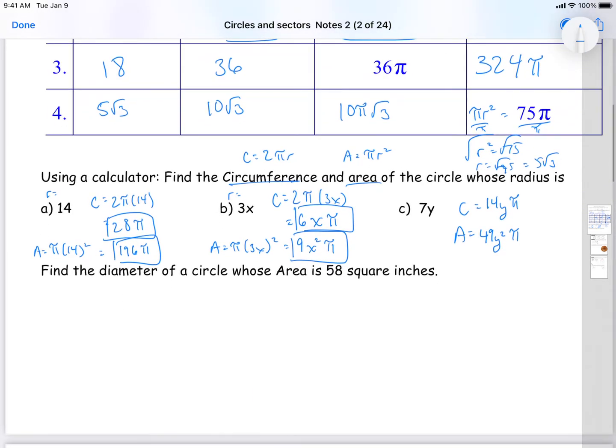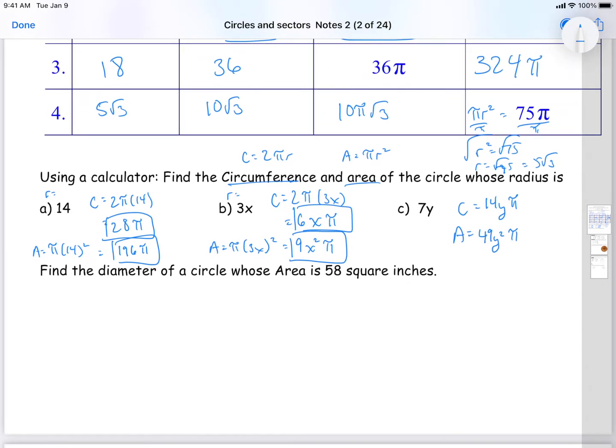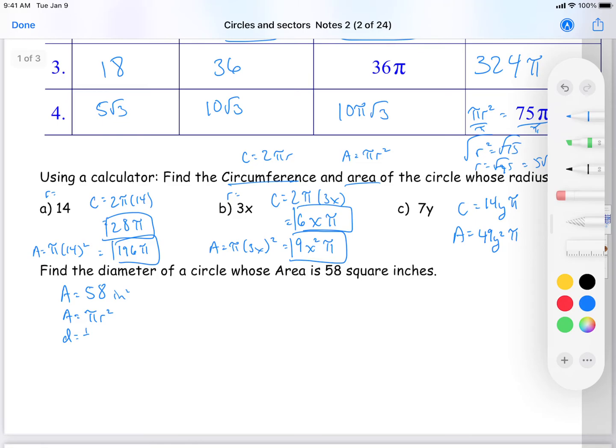All right. Now, another type of problem we might have is find the diameter of a circle whose area is 58 square inches. Okay? So I know that my area is equal to 58 inches squared. But again, we know the formula for area is pi r squared, and we also know that the diameter is equal to 2 times the radius, okay?